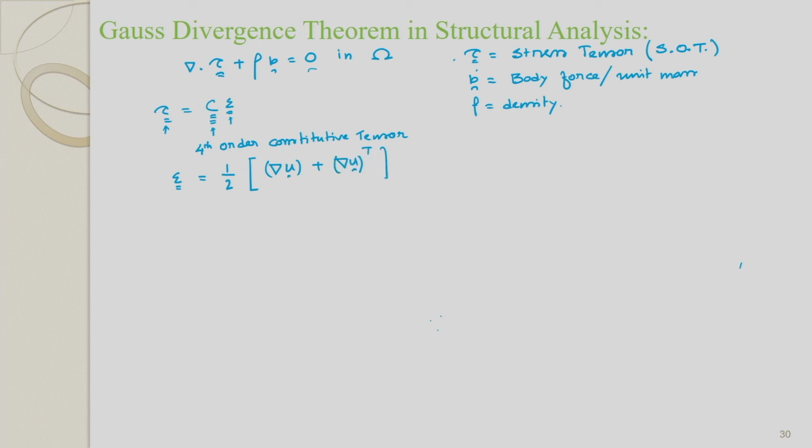So, in linear elasticity, that is in small strain elasticity, we relate strain with displacement by this relation, where the gradient of a vector, which is the displacement vector, is a second order tensor.